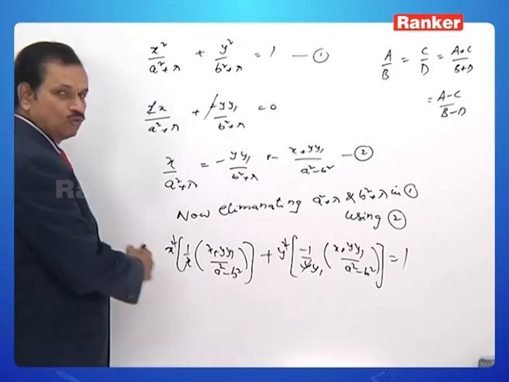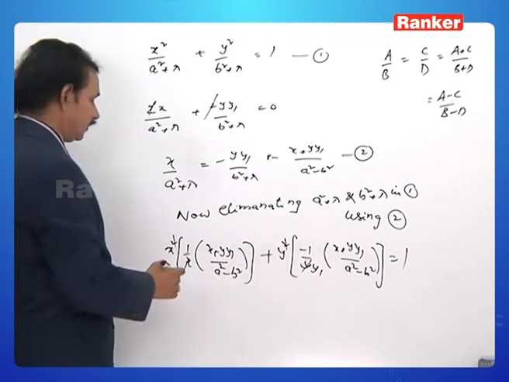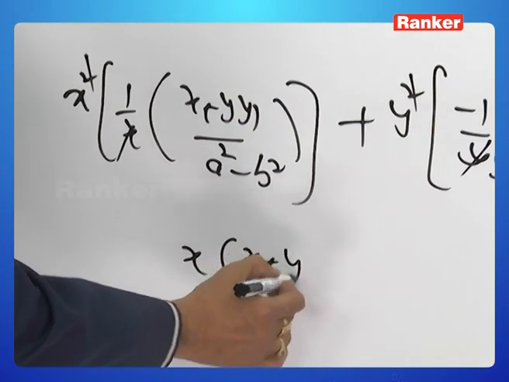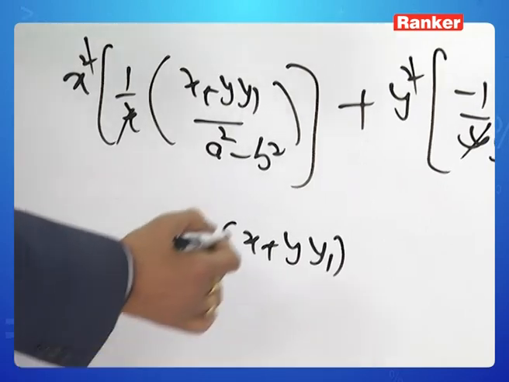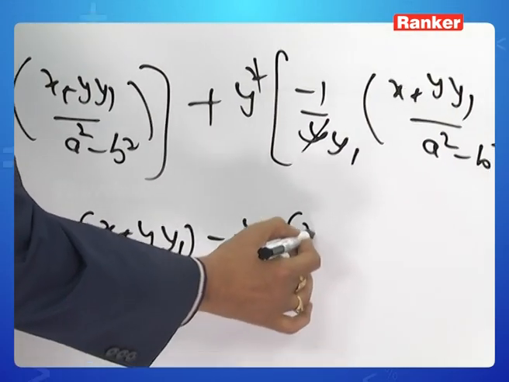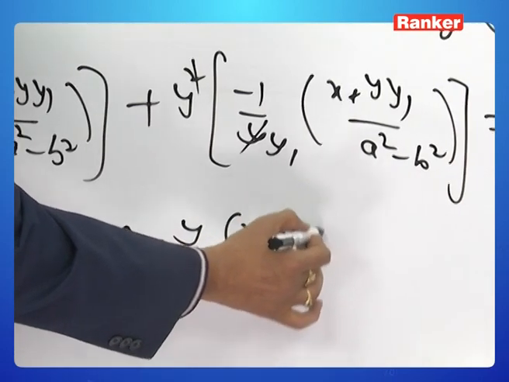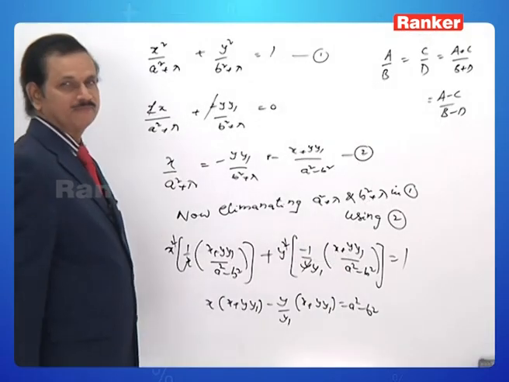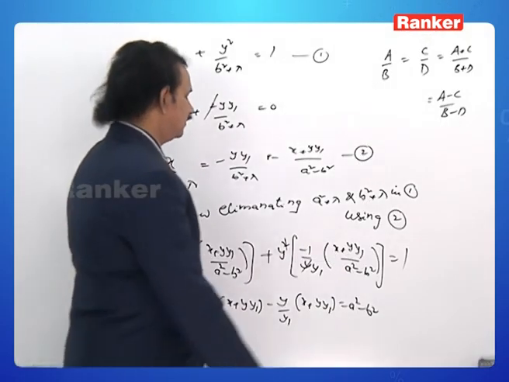Let me multiply throughout by a square minus b square. What happens? x into x plus y1 minus y by y1 into x plus y1 is equal to a square minus b square. Okay, good.